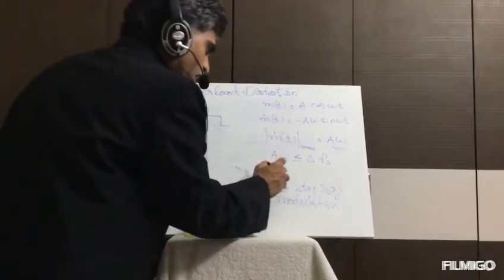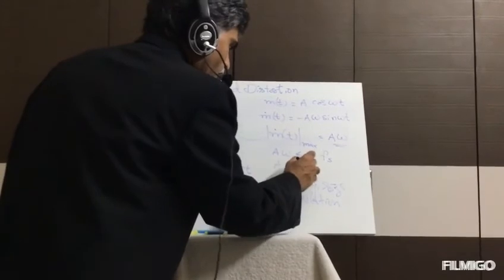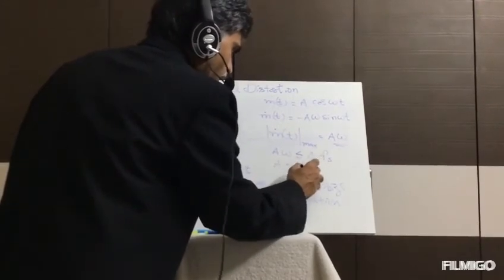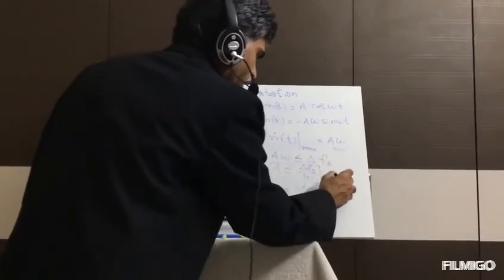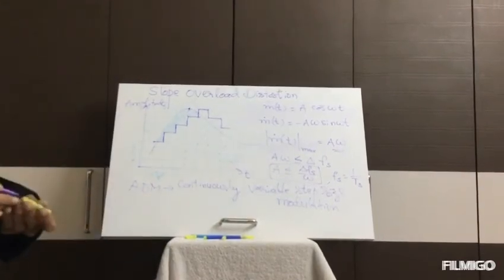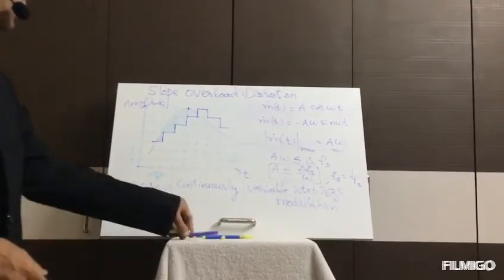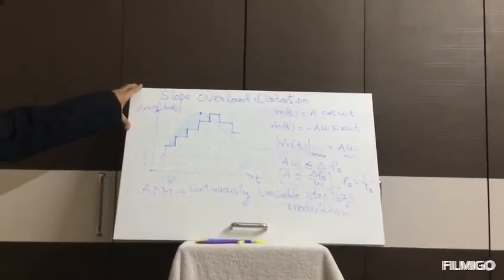From this, the maximum amplitude A must be less than or equal to delta Fs by omega, where Fs is equal to 1 by Ts. So this is one remedy to overcome slope overload distortion in the delta modulator.